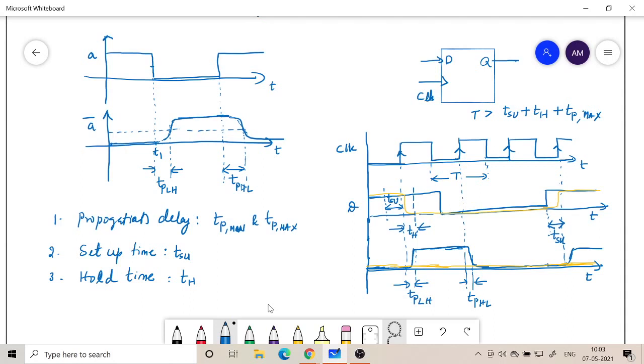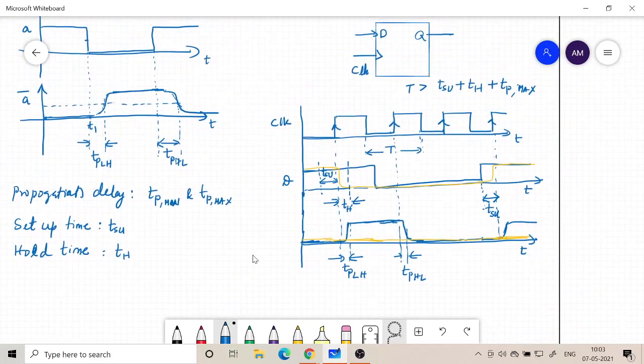For example, yesterday we have seen in Mealy and Moore machines, we are taking the state output back into the combinational circuit input, and then it passes through the combinational circuit, and only then is it available at the input of the D flip-flop.